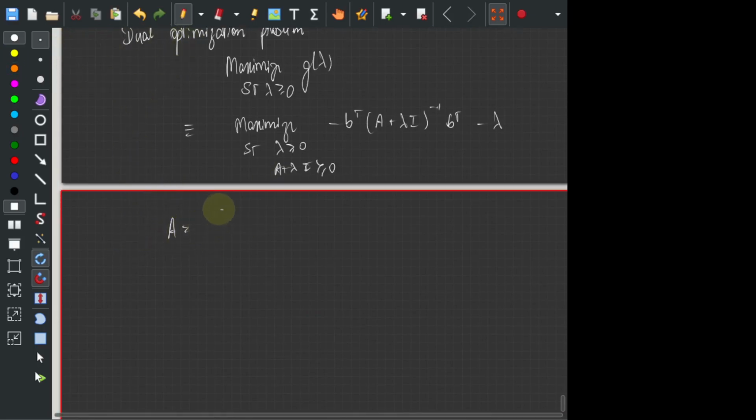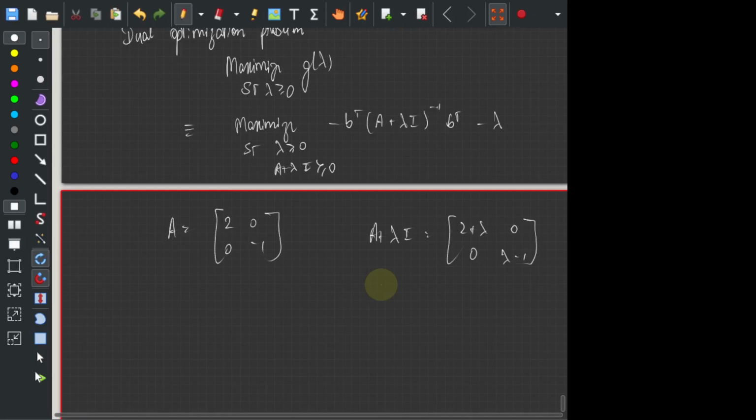Take A equal to diag(2, minus 1). Now, if we look at A plus lambda I, this is diag(2 plus lambda, lambda minus 1). Now, lambda greater than or equal to 0 does not imply that A plus lambda I is PSD, right?